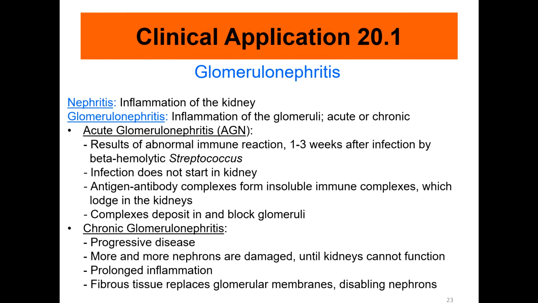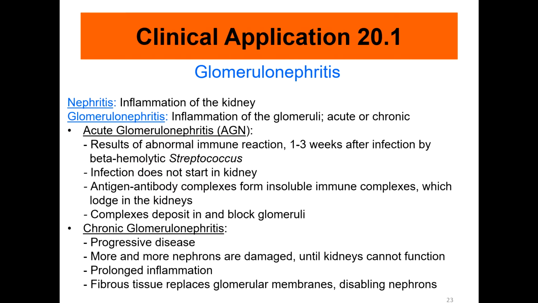In acute glomerulonephritis, we're going to see it results from an abnormal immune reaction about 1 to 3 weeks after infection by streptococcus. And the infection does not start in the kidney, but antigen antibody complexes move through the blood and they kind of block the glomerulus.